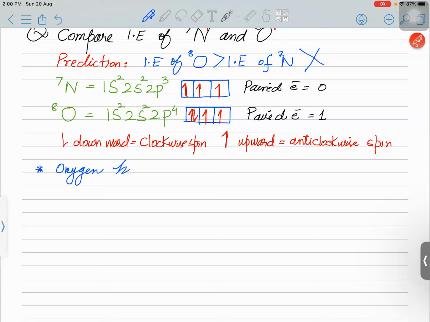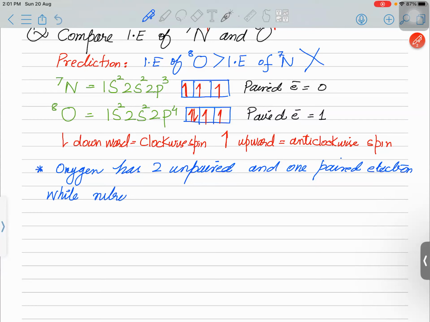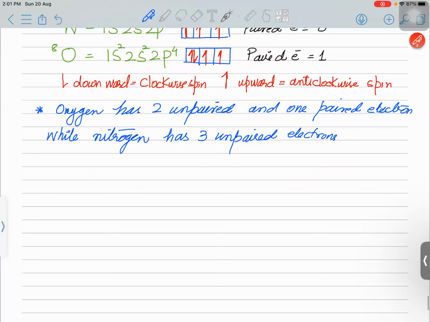Oxygen has two unpaired and one paired electron, while nitrogen has three unpaired electrons. Next point.